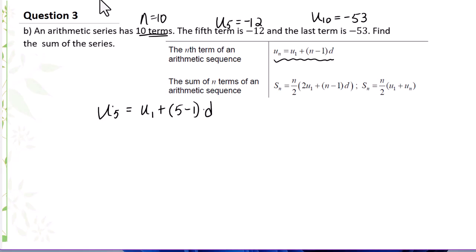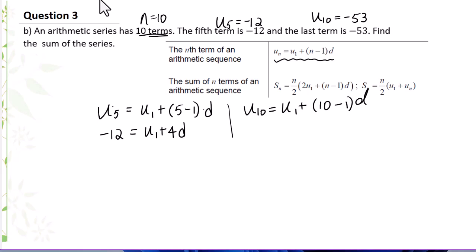Organize. U sub 5, which is negative 12, equals u sub 1 plus 4d. For u sub 10, u sub 10 equals u sub 1 plus 10 minus 1 times d.